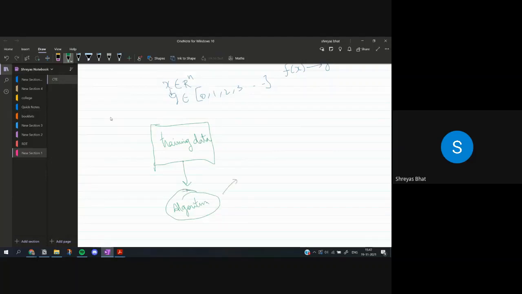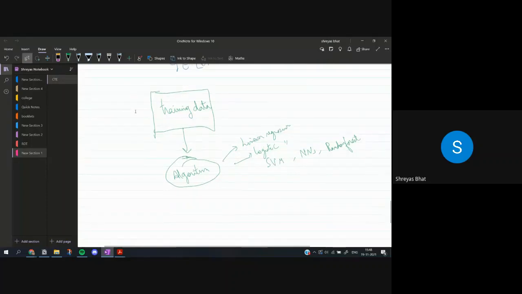There's linear regression, logistic regression, you have SVM, neural network, random forest. I'm just throwing these names out. If you're curious, you can Google it, but we'll go through it anyway.